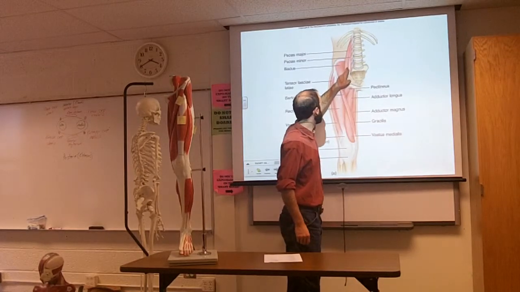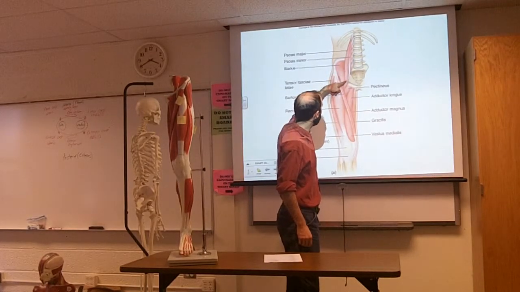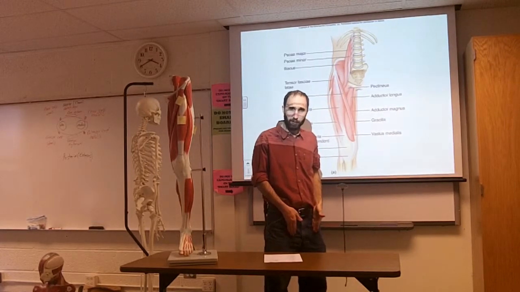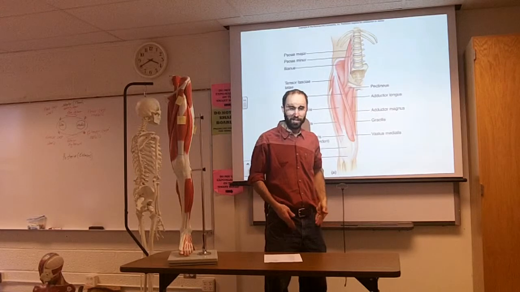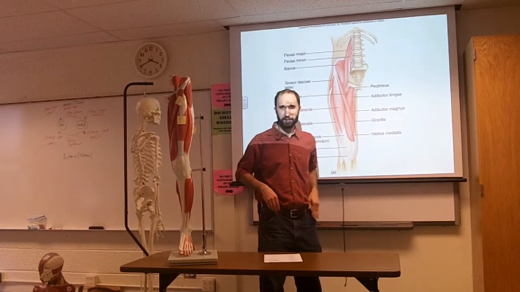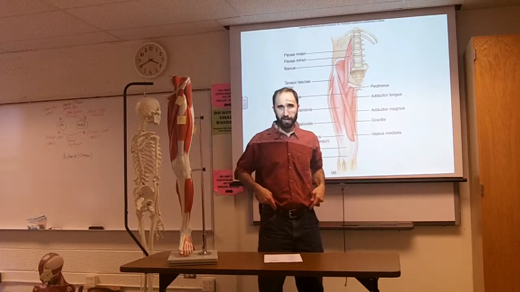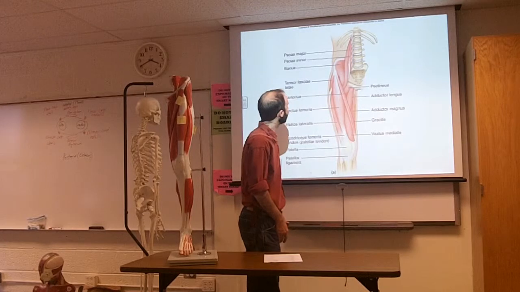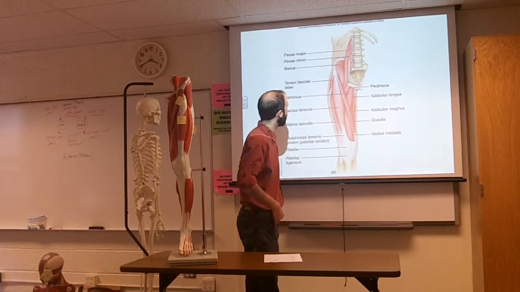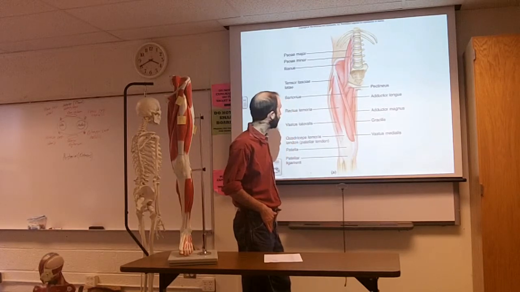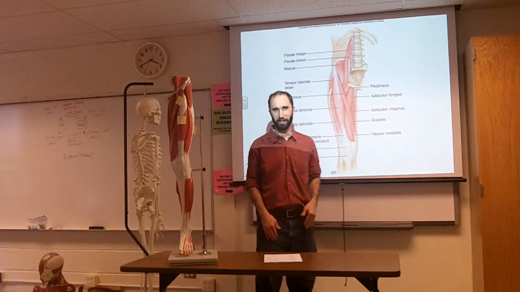So this goes through the abdomen, through your pelvis, through the inguinal part of your pelvis. There's an inguinal ligament that connects the ASIS down to, is it your pubis? No, I believe it's your ischium, actually. Let me look at that again.